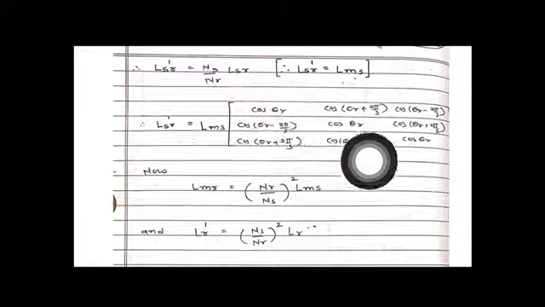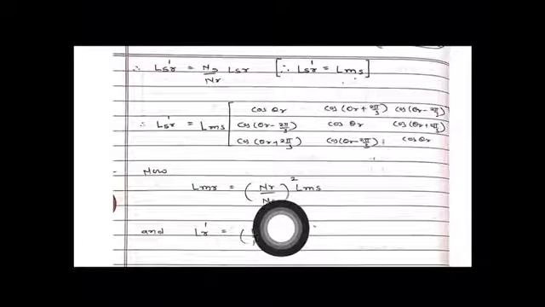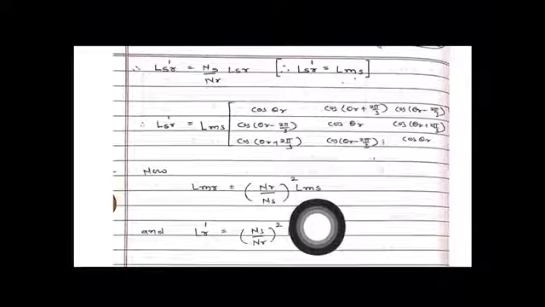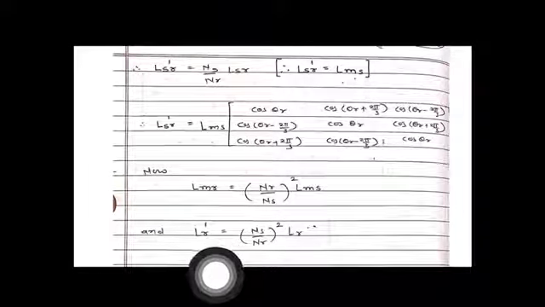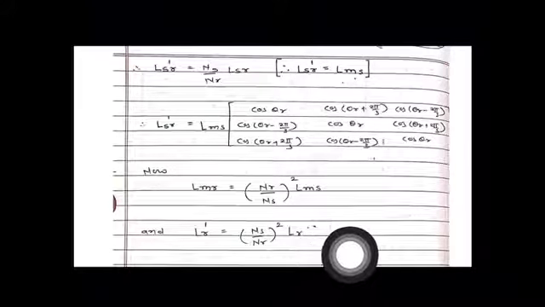So again this cos theta r matrix is multiplied by it. Now LMR is given by NR by NS whole square LMS. Same thing for LR dash is given by NS by NR whole square LR. So this is the magnetizing inductance and rotor side inductance.